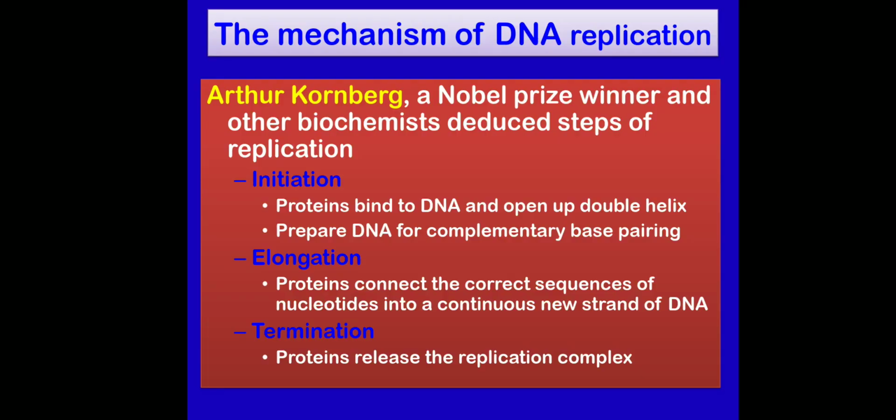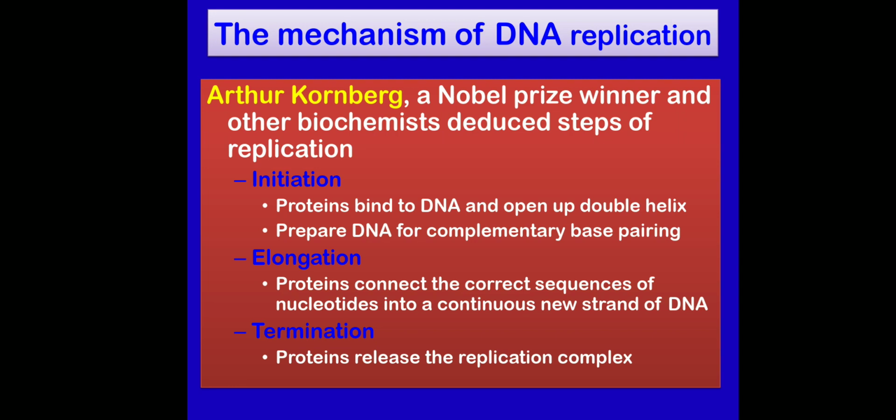So now, the mechanism of DNA replication. Arthur Kornberg, a Nobel Prize winner, and other biochemists deduced the steps of replication. So what are the replication steps? They are initiation, elongation and termination.